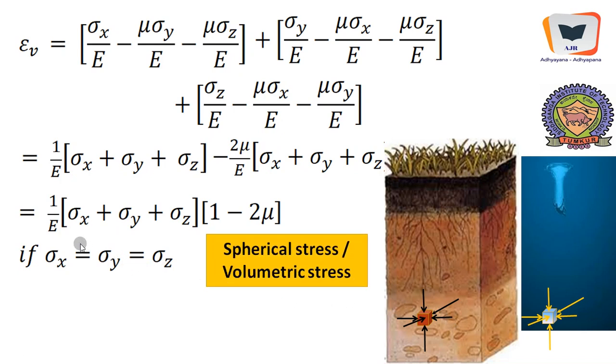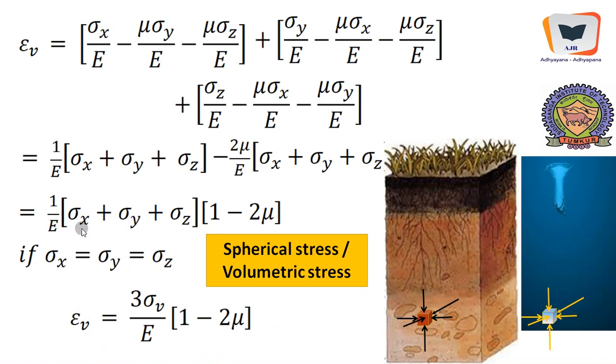So this is a special situation of sigma x becoming equal to sigma y and sigma z, and this is typically called as volumetric stress. So in order to call a stress to be volumetric stress, it is essential that it should be equal in all the three fundamental directions, and that situation in the real world appears only for elements which are hidden in the fathoms of soil and in the fathoms of water.